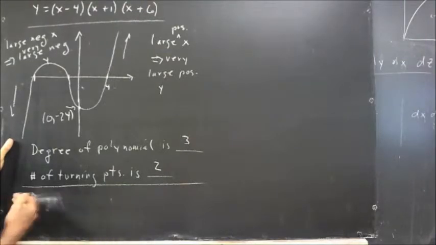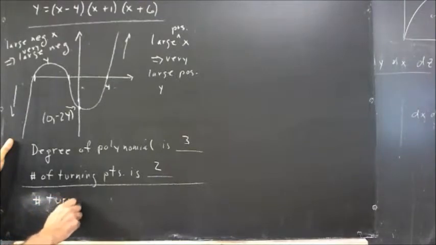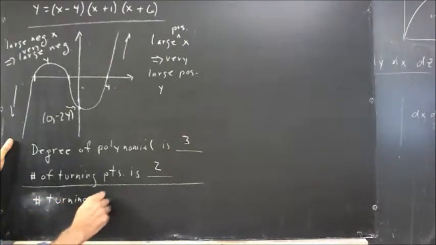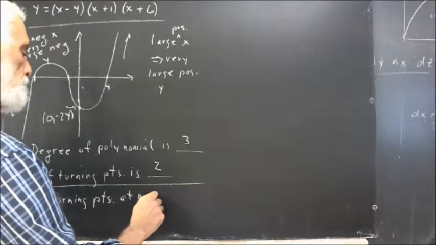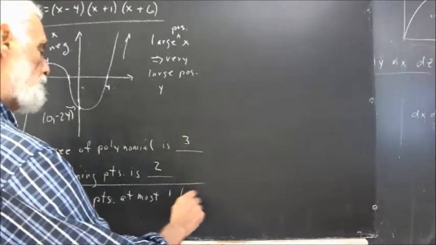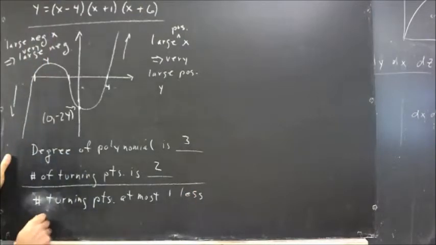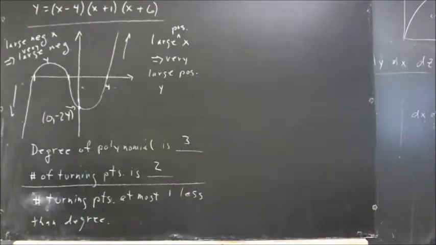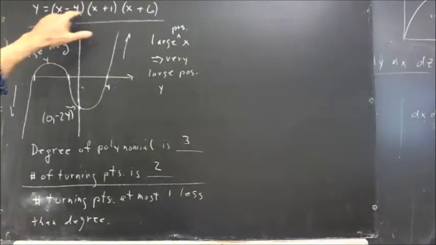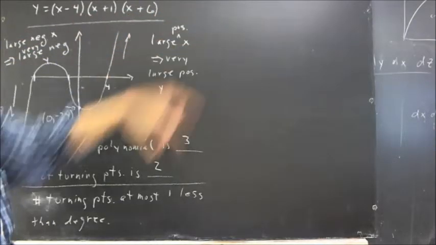Well, let's put it this way. Number of turning points is at most one less than the degree. Why is this? Well, the degree is going to be the number of linear factors you have here.